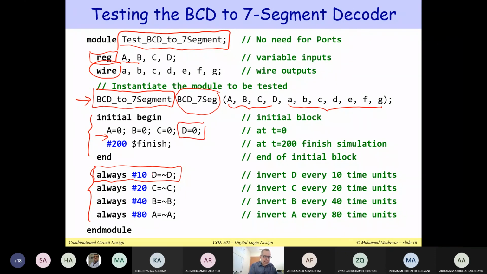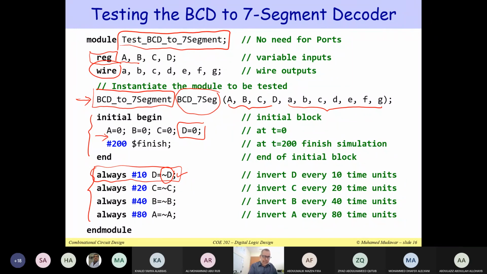After 10 nanoseconds, D becomes not D, which means that it becomes 1. And then after another 10 nanoseconds, D becomes not D, so it becomes not 1, becomes 0. So basically it was initially 0, then 1, then 0, then 1, and so on. That's what it means.